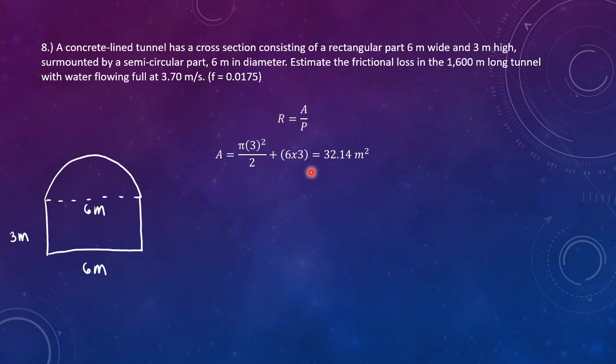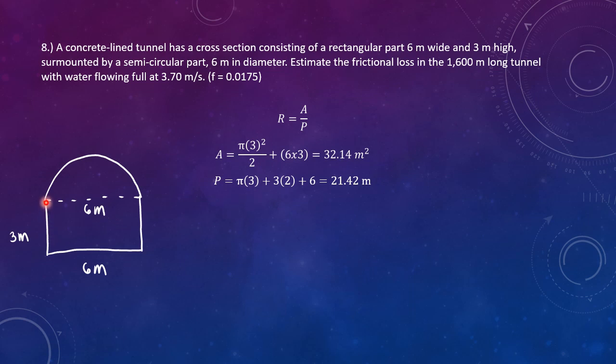And for the wetted perimeter, it is said in the problem that water is flowing full, meaning the whole perimeter of the tunnel is wetted. First, the perimeter of the semicircle is 1/2 of the circumference of a circle, so 1/2 times 2 pi r, which is simply pi r, wherein the radius is 3 meters.